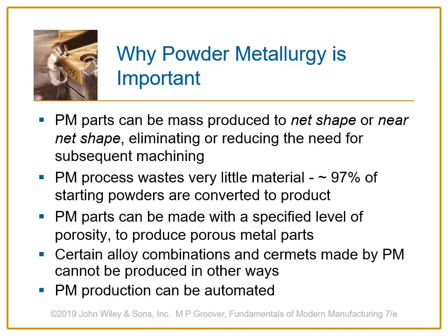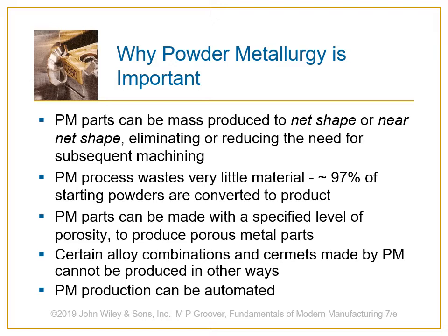Also, the PM process itself involves very little waste of material, so about 97% of the starting powders are converted to products. If you compare that with the casting process, for example, the riser is waste and the runner is waste. You can see how much material we will save when using powder metallurgy.